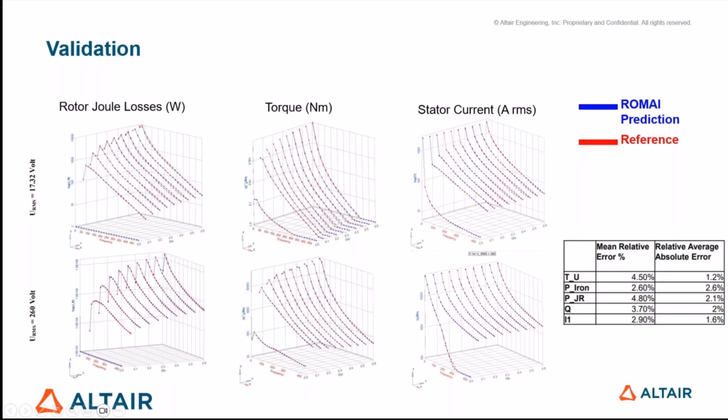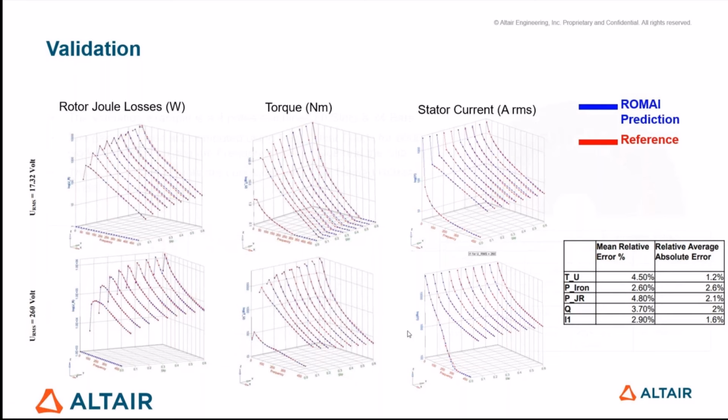Here we can have a look at the mean relative error on the total 6,000 working points. We have a maximum of almost 5% deviation, which is really very good, especially for the induction machine.